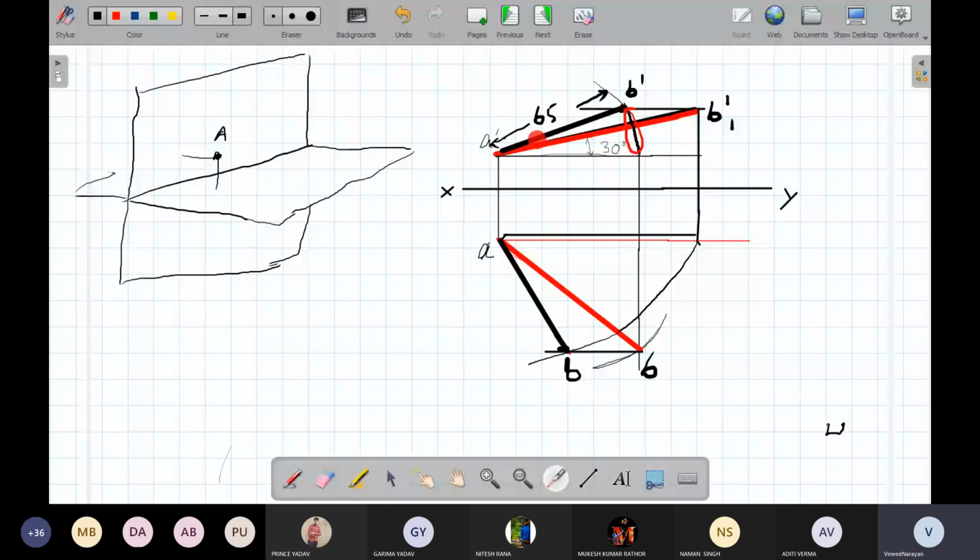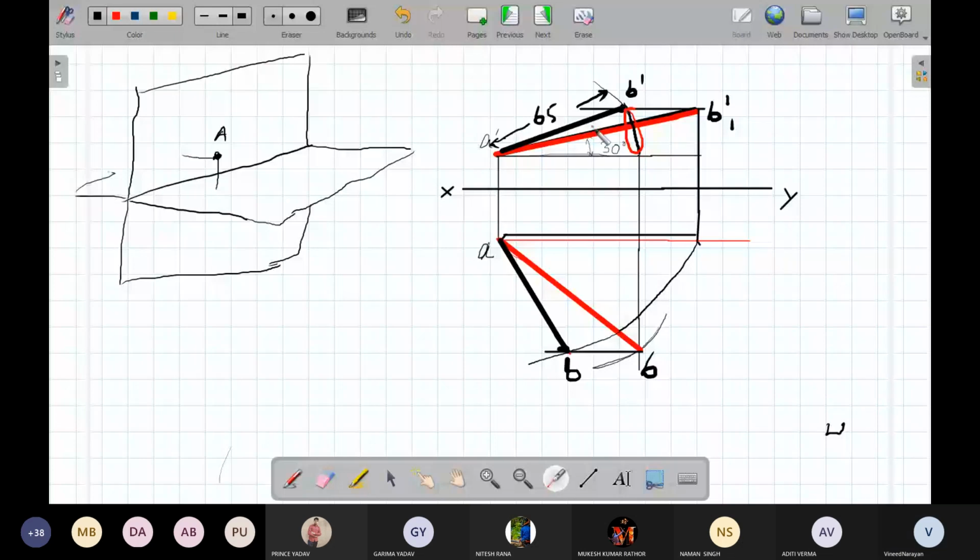Now the front view can be converted into the true line by rotating it in its plane in such a way that it becomes parallel to the horizontal plane. That's why we are rotating it. We don't know how much we need to rotate, but we rotate till it becomes parallel to the horizontal plane. That's why this rotation continued till it becomes parallel to XY.